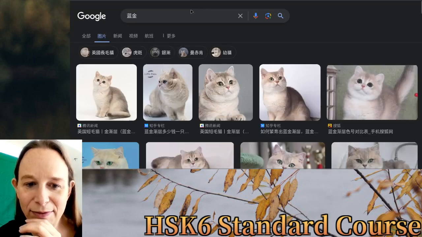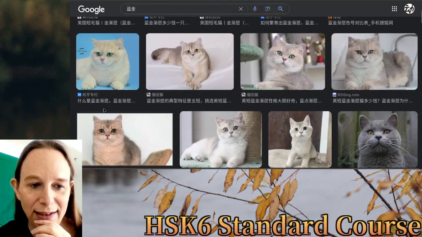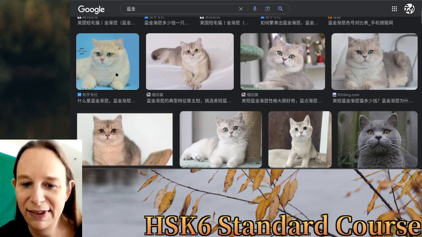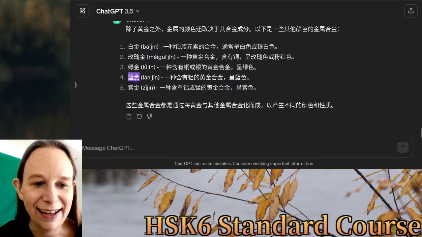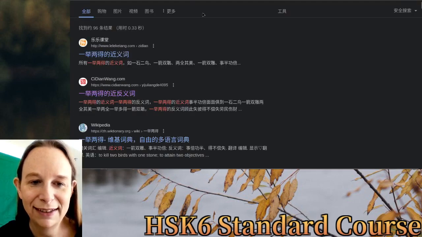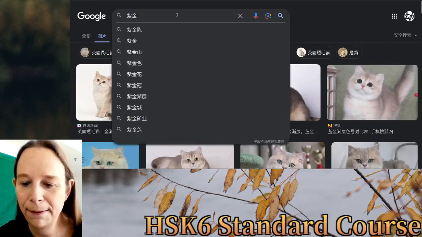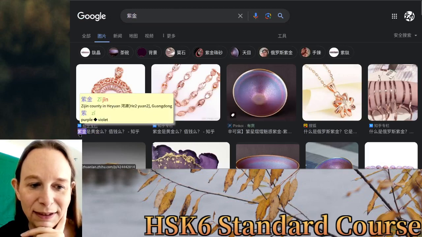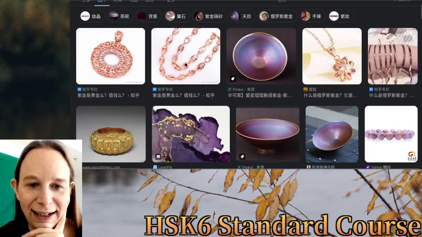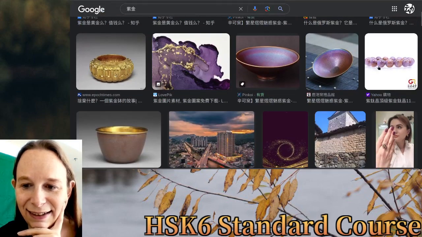These are not different types of gold. 蓝金. Is that the name of this cat? 紫金, purple gold. Okay, that's gold that looks purple. 紫金, also the name of a place. I like that. That's a nice color. That's not gold.